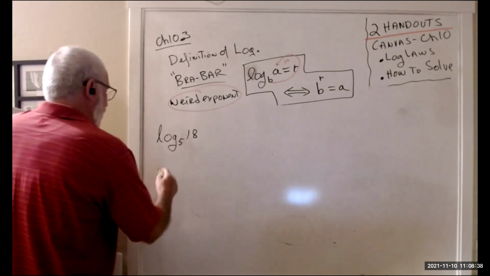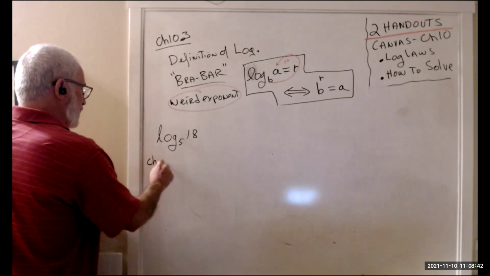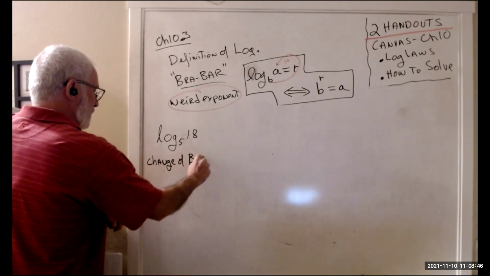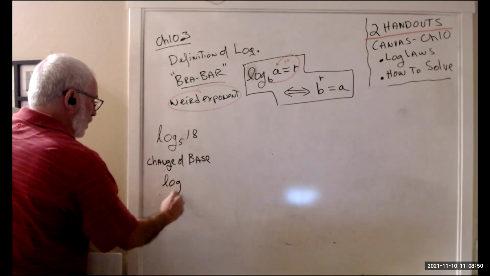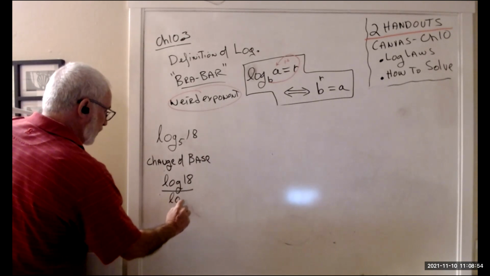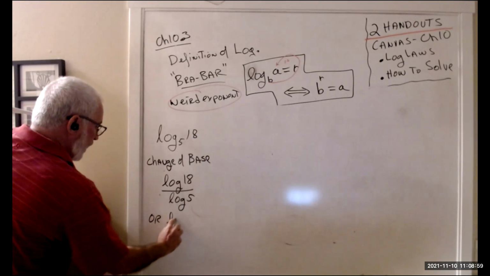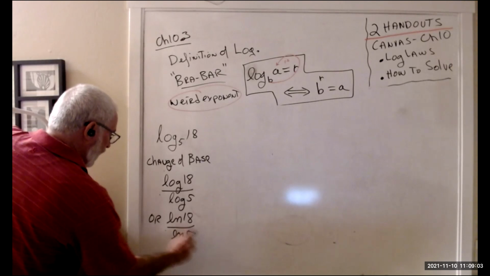And if it can't, then there's something called the change of base formula. And this could be the log of 18 over the log of 5, or it could be the ln of 18 over the ln of 5.